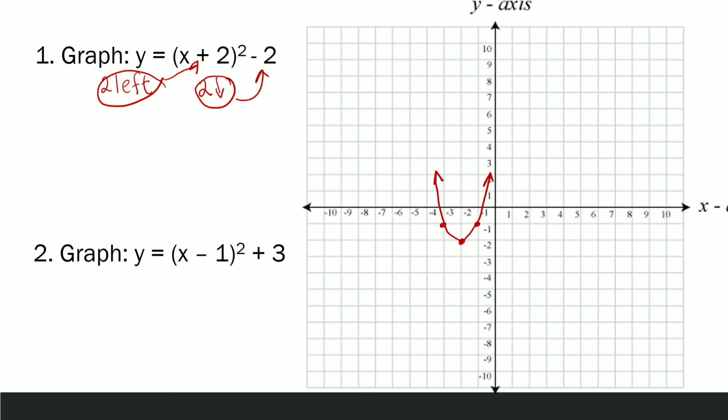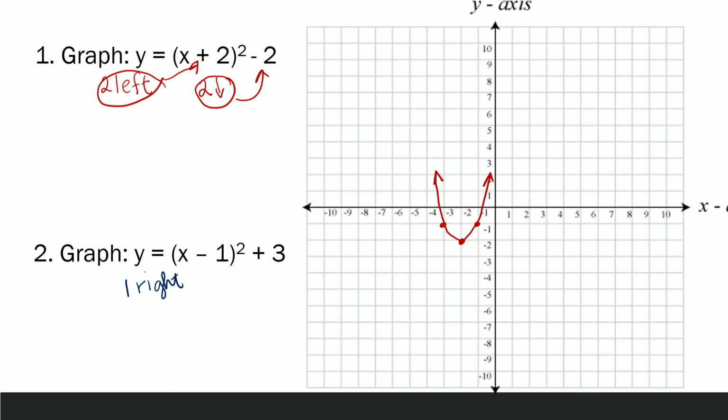Okay? Now, let's try number 2. Okay. So, in this case naman, negative 1 nasa loob ng parenthesis. So, that means 1 unit to the right. So, isulat natin yan para hindi natin makalimutan. 1 unit to the right.